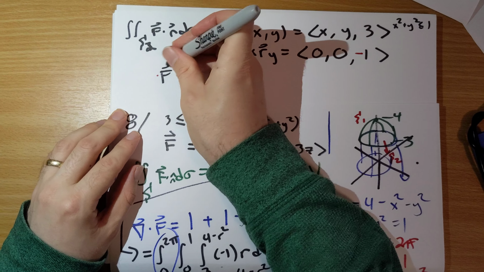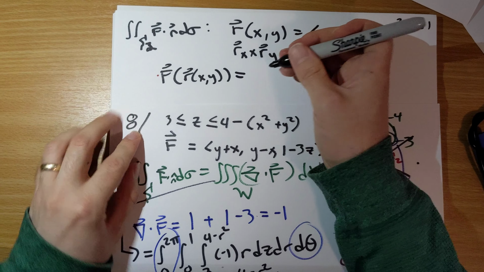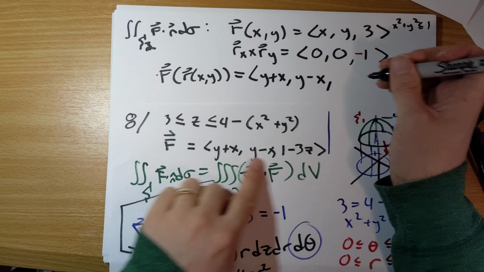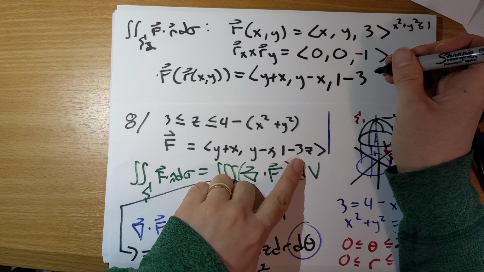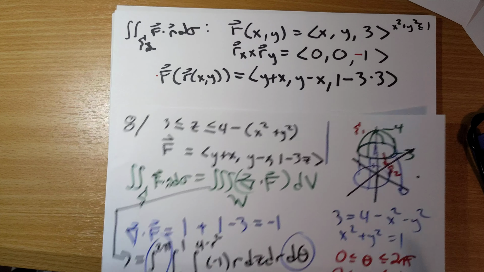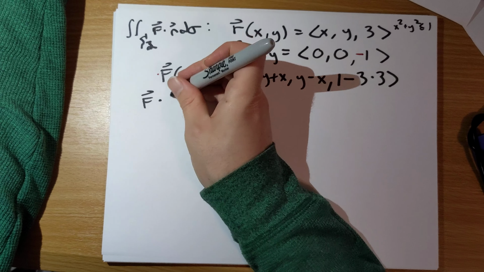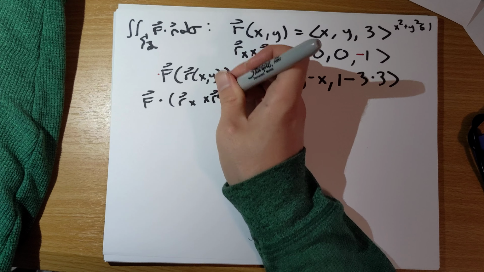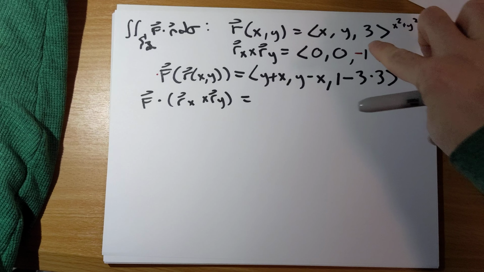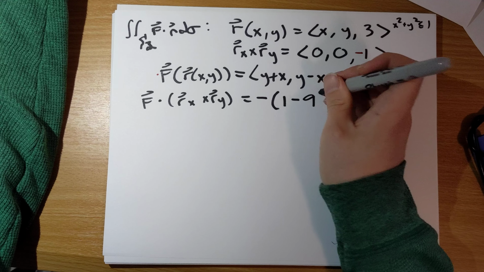F of r of x, y is equal to y plus x, y minus x, 1 minus 3 times z. Z is 3 here. And then f dot product with rx cross ry here. So this dot product, this is 0 plus 0 minus 1 minus 9.